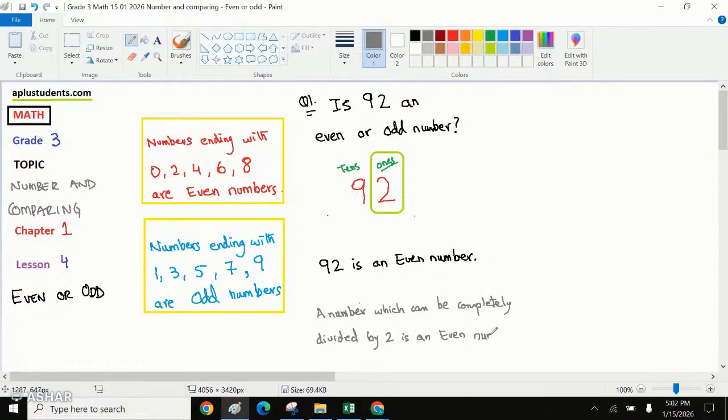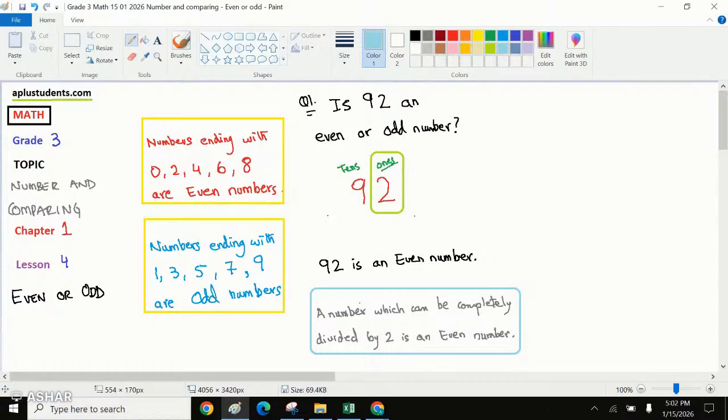So the second condition that we are looking at is a bit difficult, right? We would need to know division. But the easiest way is you look at the ones position. I just gave you the extra information. We can do it through division also. A number that is divisible by 2 would always be an even number.